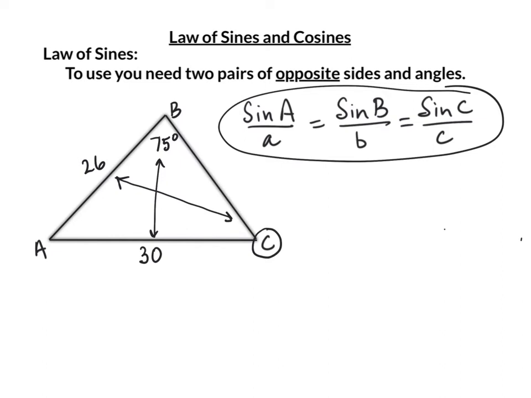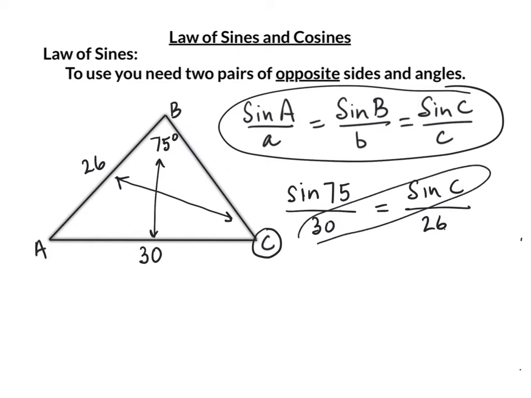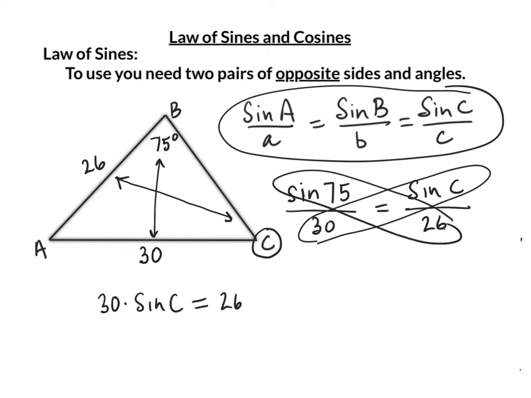Let's set this up. The sine of 75 degrees over its opposite side, 30, equals the sine of angle C, you don't know what that is, over its opposite side, 26. Now let's cross multiply. 30 times the sine of C equals 26 times the sine of 75.